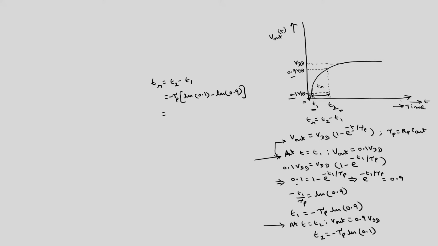We know ln A minus ln B is ln A by B. And if I take this minus sign, the division will be reversed. This is equal to tau p ln 0.9 by 0.1. This minus sign I have removed, and I have changed the order. This is equal to tau p ln 9. Ln 9 is approximately equal to 2.2. So this is approximately equal to 2.2 tau p. So this is the rise time of the CMOS inverter.